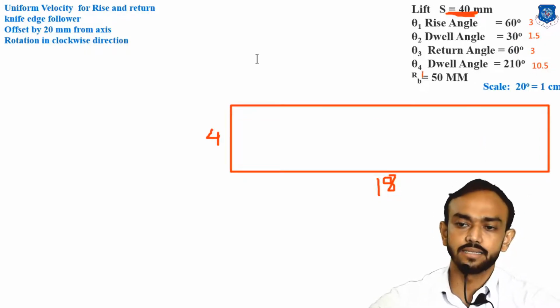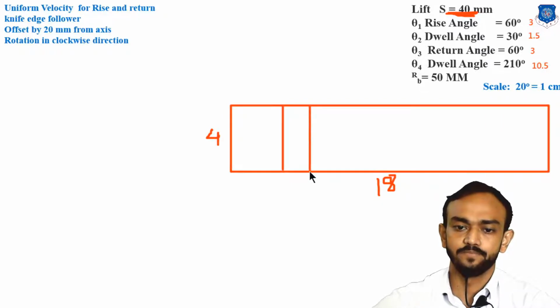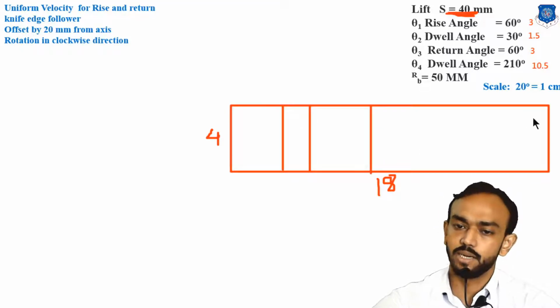So these are the distances. We divide this rectangle here. Check this: first 3 centimeters, then 1.5 and 3 centimeters, and the remaining 10.5.